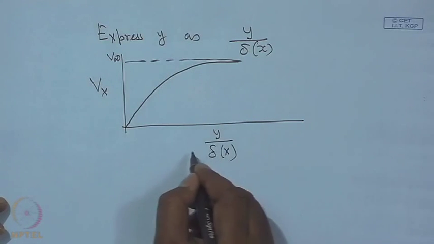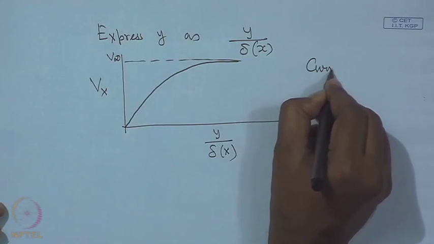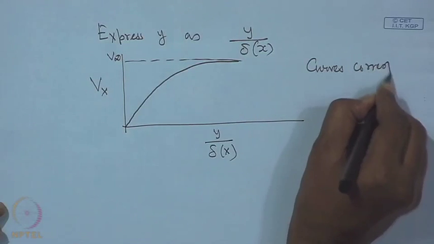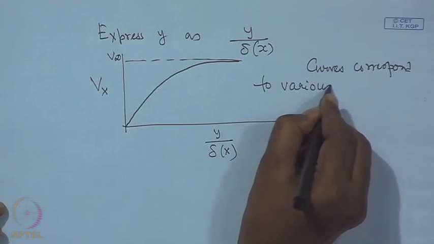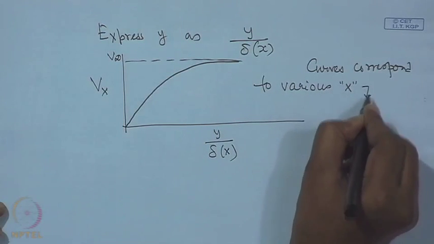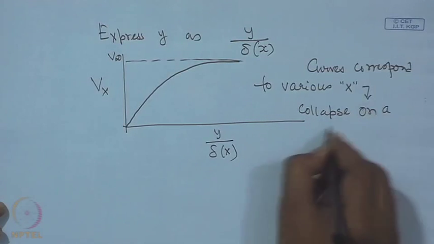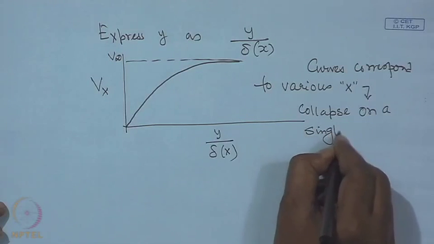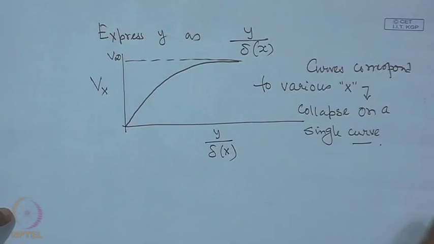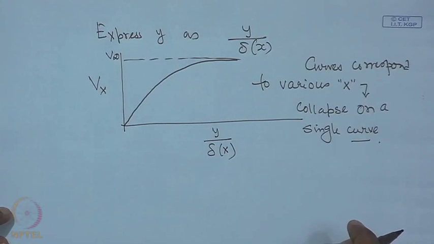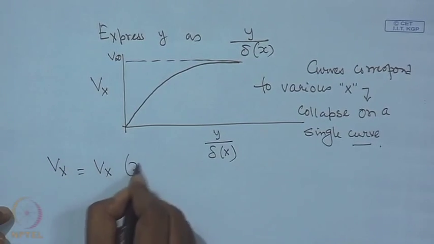Therefore, all these curves corresponding to various x collapse on a single curve.